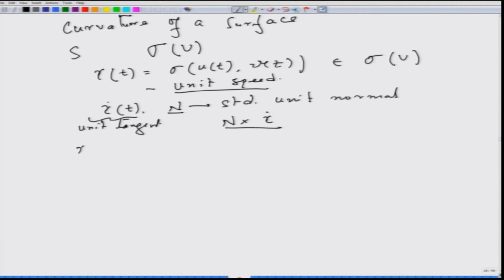Now if I look at the vector gamma double dot t, the norm of this, you remember, we called the curvature when we talked about curvature of curves. The norm of gamma double dot t is the curvature of gamma. Now we want to associate this to the curvature of the surface. Gamma being unit speed, gamma double dot t is perpendicular to gamma dot t.